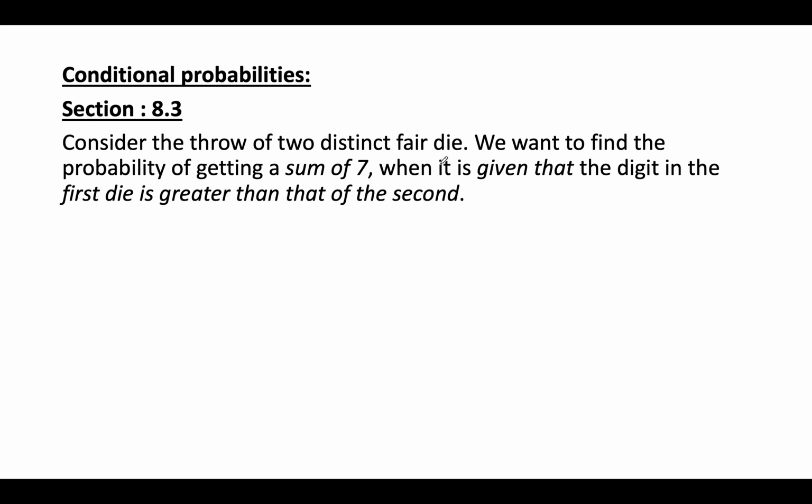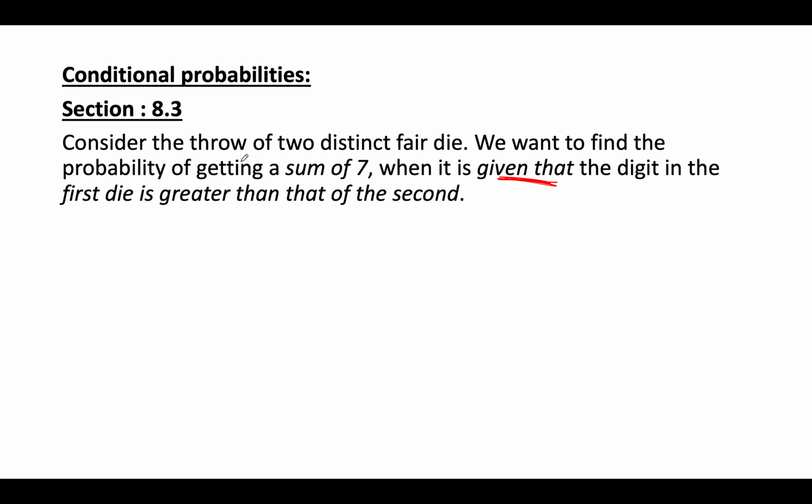We want to find the probability of getting a sum of 7 given that the digit on the first die is greater than that of the second. Keep in mind this keyword, given that, represents the conditional probability.